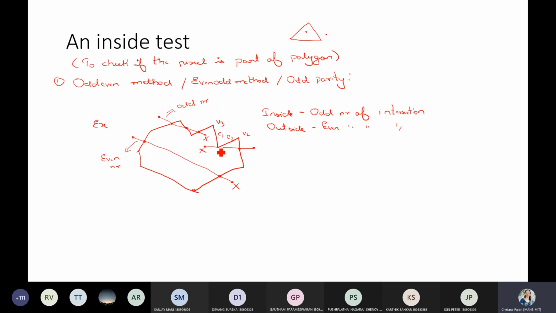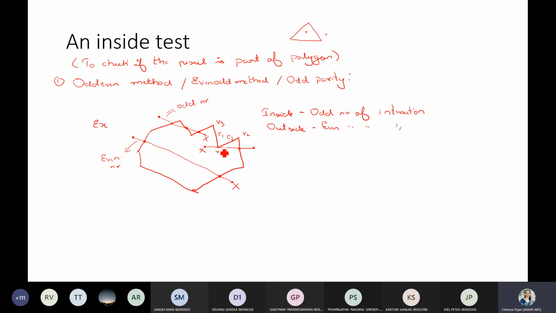So both E1 and E2 are at the same side of your line segment. In that case, you are going to consider it as inside the polygon if the points are on the same side.